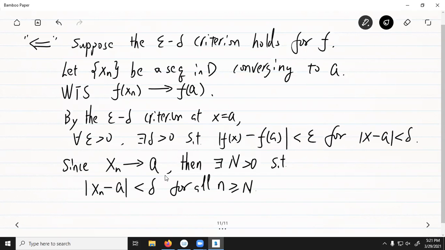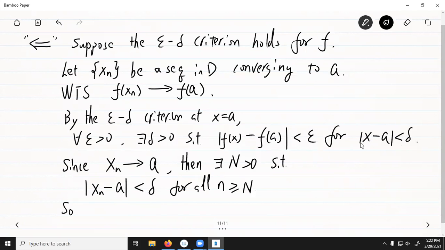So for this n, because this is true when x is in this interval, f of x minus f of a must be less than epsilon. This is the thing we already know from epsilon delta. Now our xn is also in this interval, xn minus a is less than delta. This is the same interval, so xn should also satisfy this inequality.